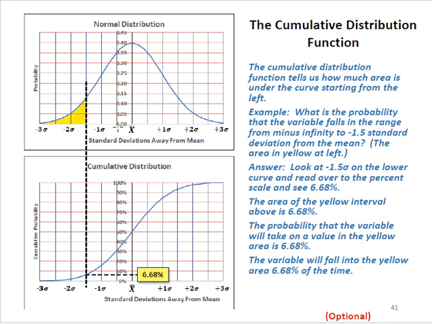So the variable will fall into the yellow area, whatever you're studying. So say we're studying shaft diameter. If you choose a shaft diameter, it will go into this. The data point that you chose could be in here about 6.68%.